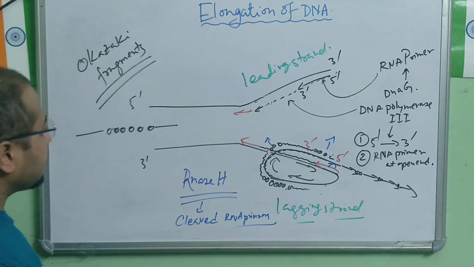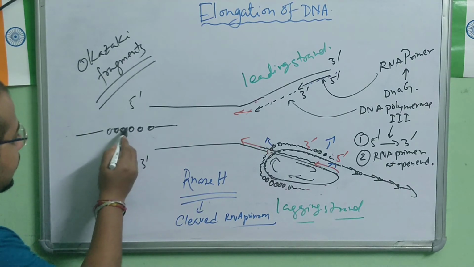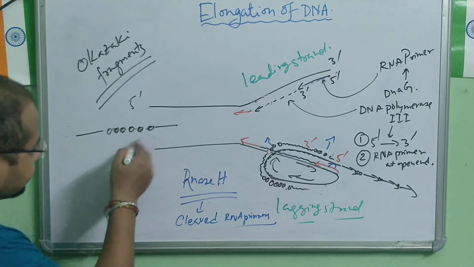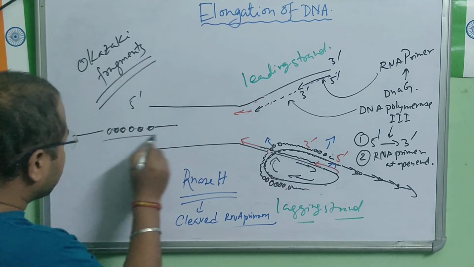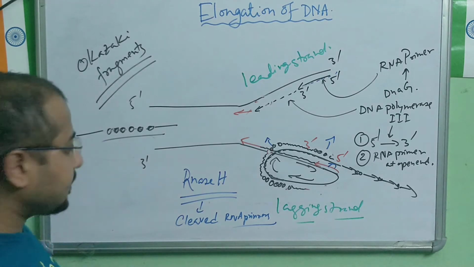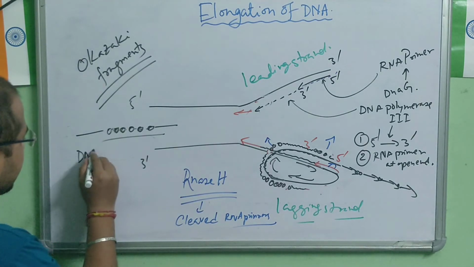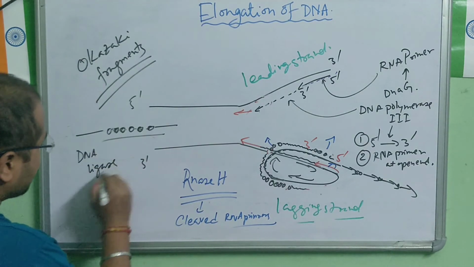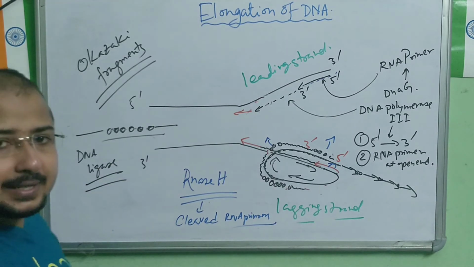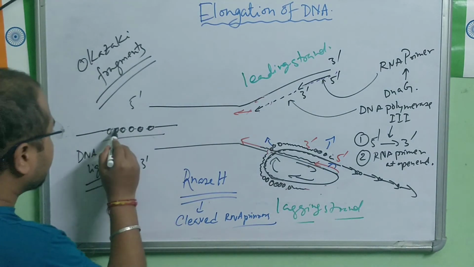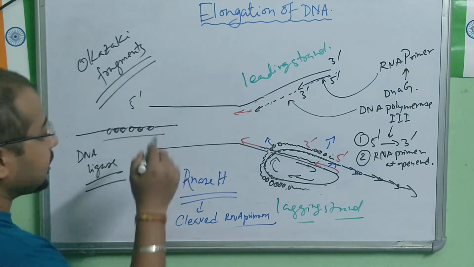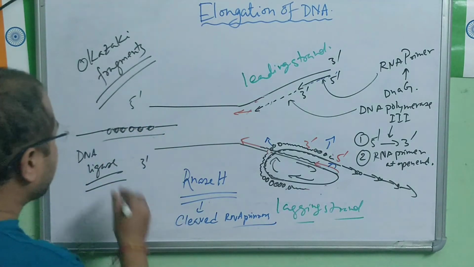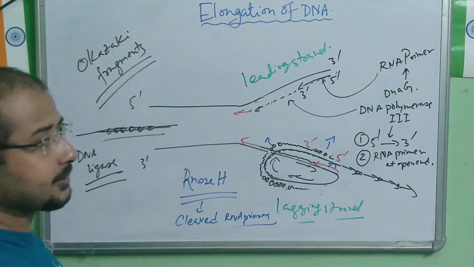Okay. So this means the forming of the chain, the sealing of these nicks, will be done by the enzyme called DNA ligase. DNA ligase is the enzyme which ultimately completes the nicks in between the nucleotide molecules, and it will form a continuous stretch of strand.